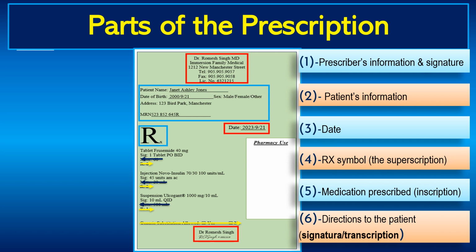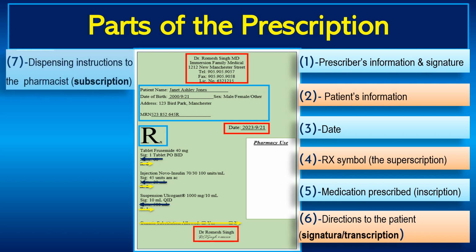You look at item number 2, the signatura, 45 units in the morning before food. And for item number 3, the signatura, 10 mils 4 times daily.